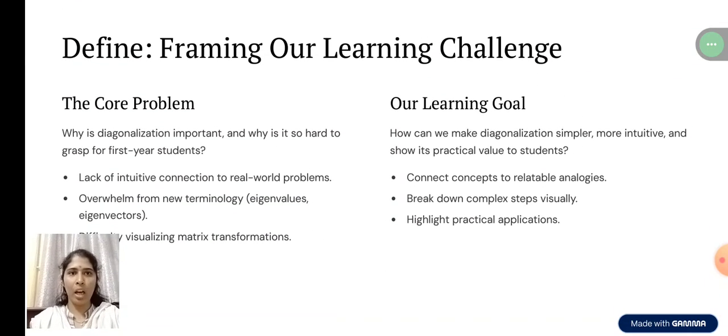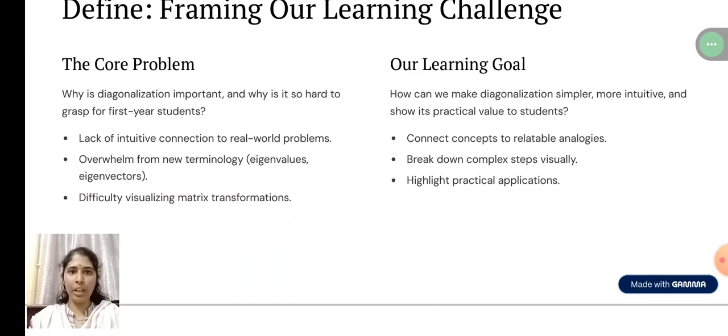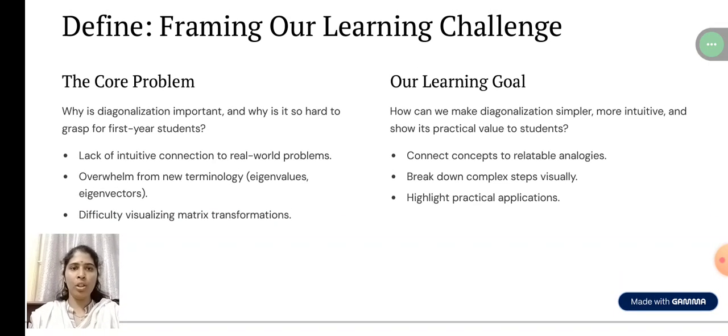Next, let us define our diagonalization. The thing is the core problem and how we can approach it. Why is diagonalization important and why is it so hard to grasp for first year students? First, they lack an intuitive connection to real world problems.